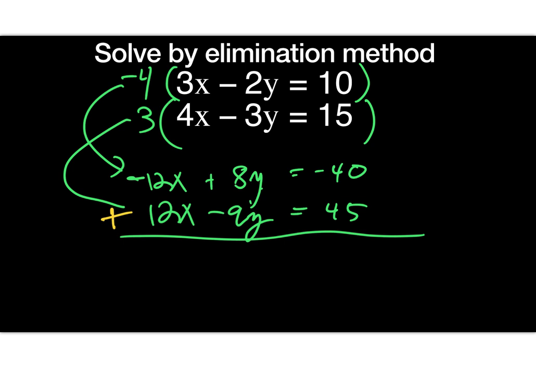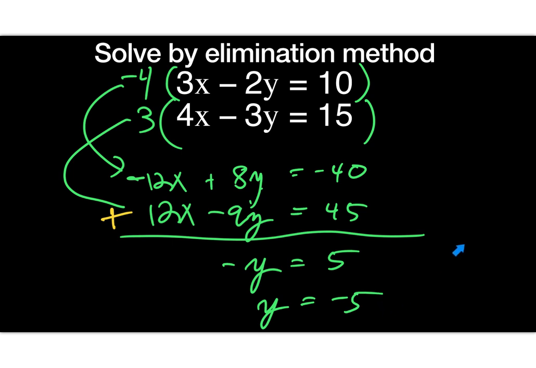Add. And I chose those values so that these would add to 0. 8y and negative 9y when added together will be -y equals positive 5, y equals -5.